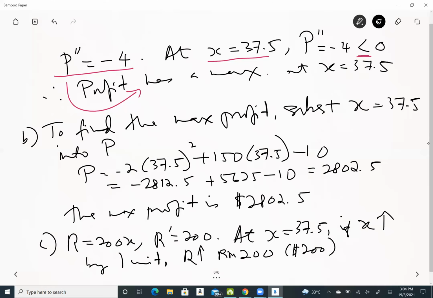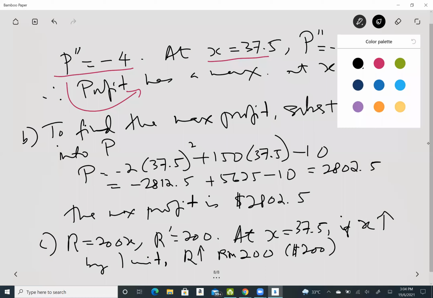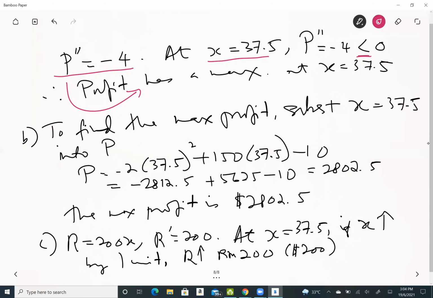Now, since this is a linear function, you don't need to say that particular level of output, right? So this one is not necessary. You just say that if x increases by 1 unit, revenue will increase by 200.